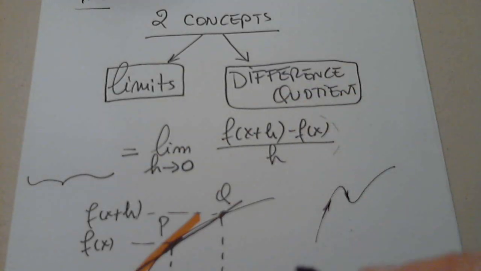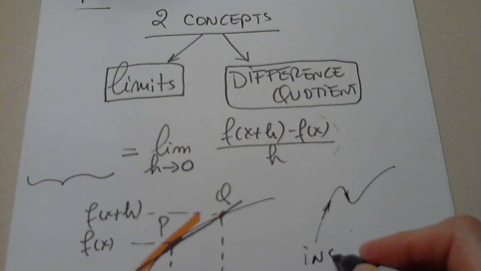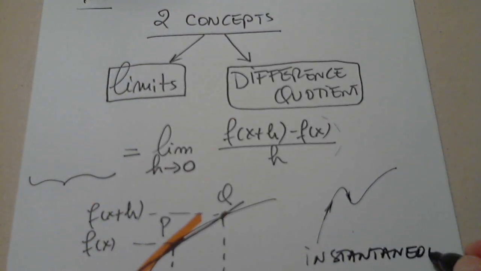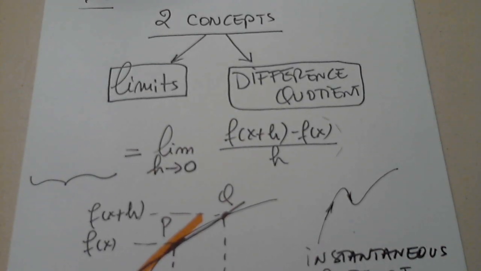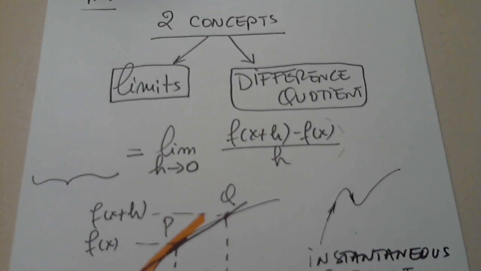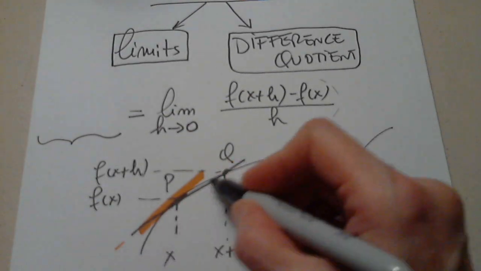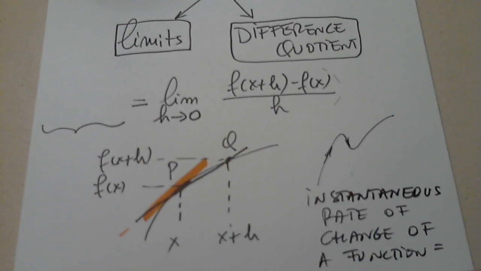So in calculus, we're interested in the instantaneous rate of change of a function, which is the slope not of the secant line PQ, but the slope of the tangent line at P.